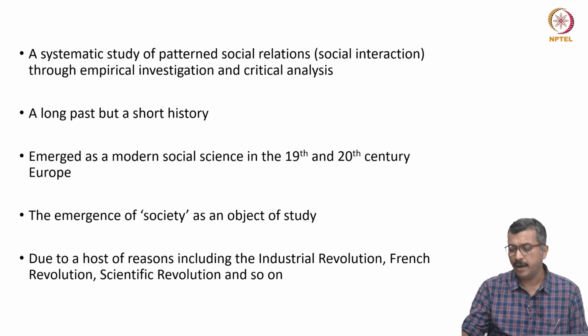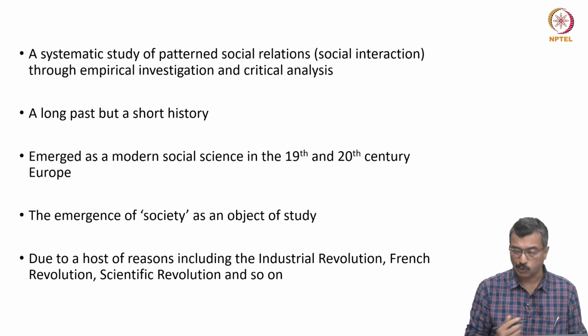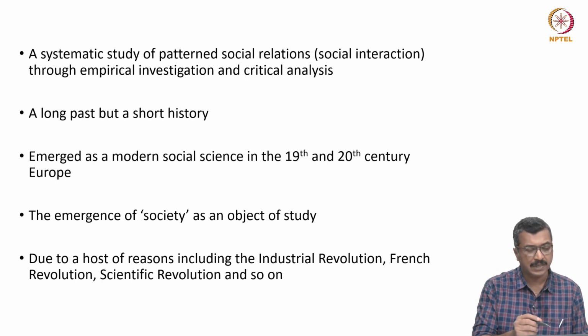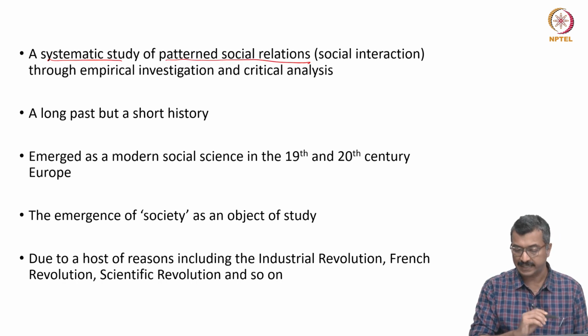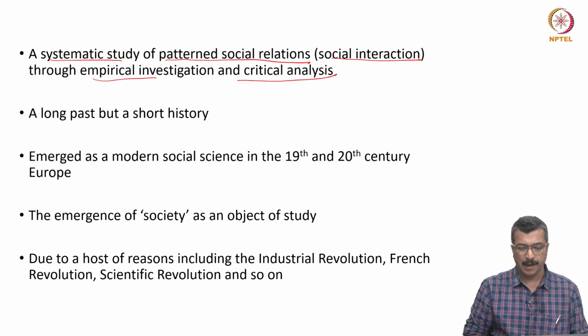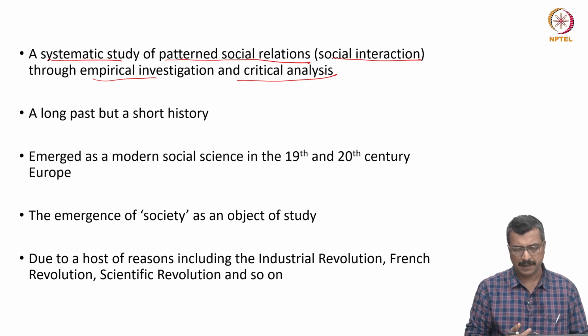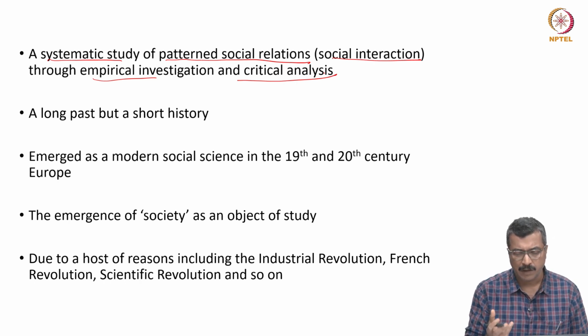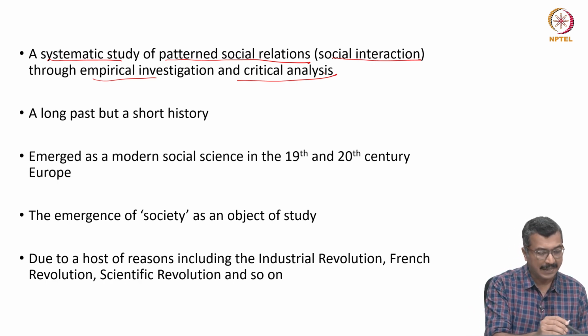So maybe the most apt definition of sociology, a very general one, is that it's a systematic study of patterned social relationships, or a study of social interactions through empirical investigation and critical analysis. This is not attributed to any particular sociologist, but it may be one of the most widely accepted definitions, because it talks about a systematic study.